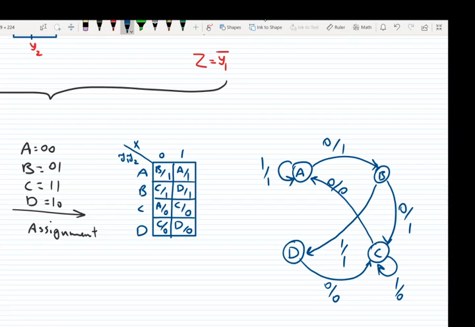And if the state is D and input is 1, it remains in state D and the output is 0. Okay.